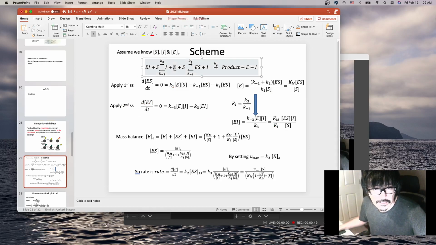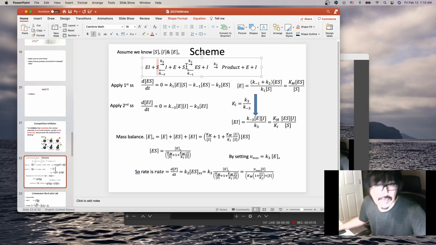So this portion right here doesn't really change that much, except that I do actually add the I to everything here. But when you actually have the free E, that free E can actually become EI complex. And when they do, S becomes unreactive.